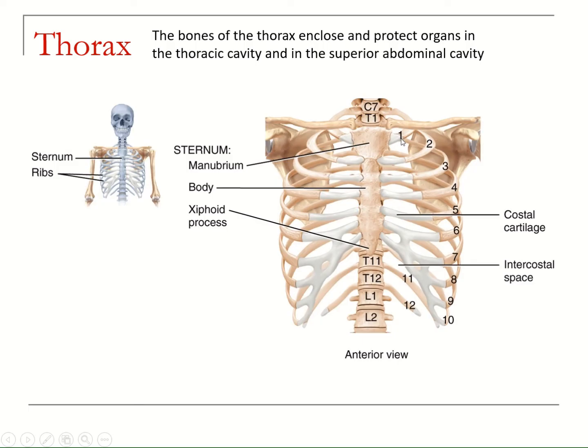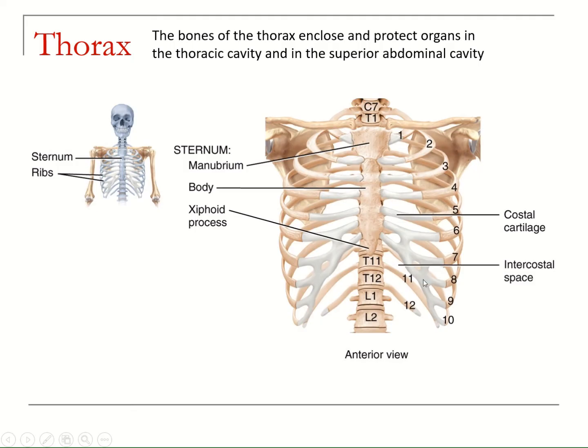The first 7 ribs, 1, 2, 3, 4, 5, 6, and 7, will have their costal cartilages directly articulating with the sternum. That's the reason why your first 7 ribs are your true ribs, while your ribs 8, 9, 10, 11, and 12 are your false ribs, because their costal cartilages, particularly for your 8, 9, and 10, will only articulate with the cartilages above them.